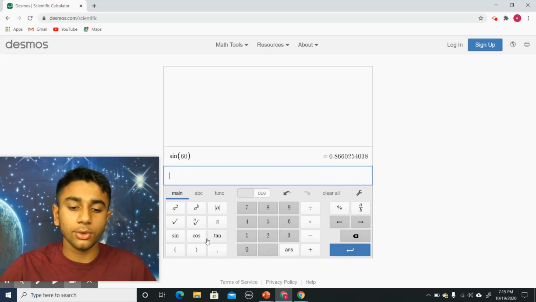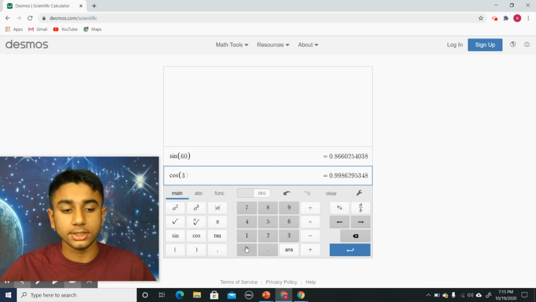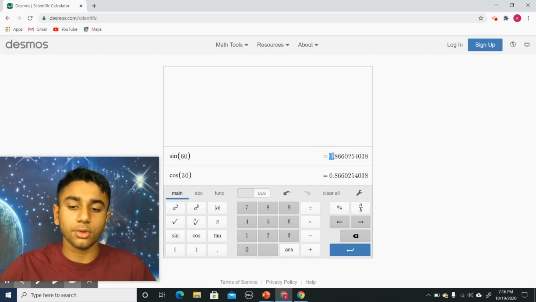Now, if I calculate the cosine of 30, since 60 plus 30 equals 90, so it has to be 30, or 90 minus 60 equals 30. So we have 60 and 30 here. And you can see that that will actually equal 0.866025, so it's the same exact value, and that's the equivalence that we're looking for right here. This equivalence here is shown.